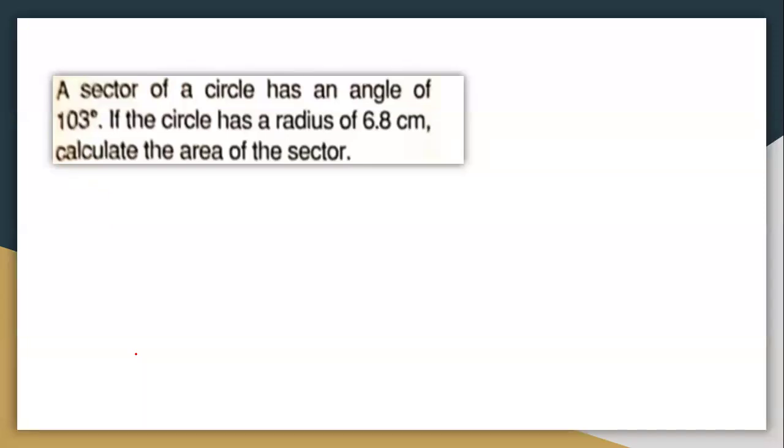Here, it is always good practice to make your own sketch. After making the sketch, you go on and do the calculations. So first try out on your own. Make a small sketch of how your sector can look and estimate how 103 can be.